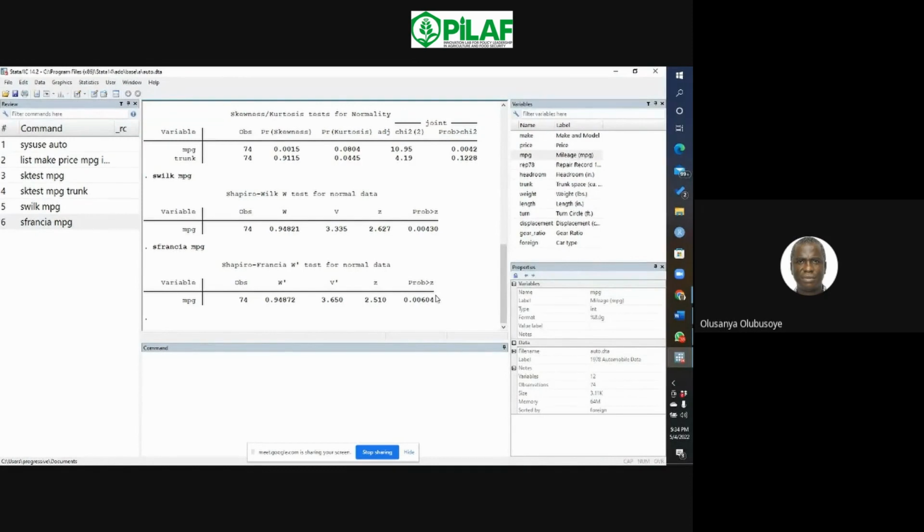Sometimes these tests disagree. So when they disagree, you might want to look at which test is most powerful. Some tests are more sensitive. You might also need to increase the sample size, since the differences might arise because of the sample size and so on. So that is all about normality test.